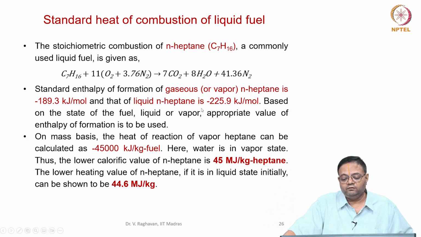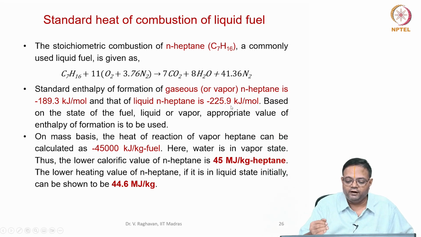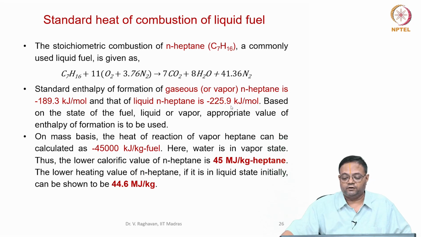For liquid it is minus 225.9, because you have to add some heat to get it to the vapor state. So, based upon whether the fuel is in liquid or vapor state, I will get the appropriate value of enthalpy of formation to be used in the reaction equation to calculate the heat of reaction.